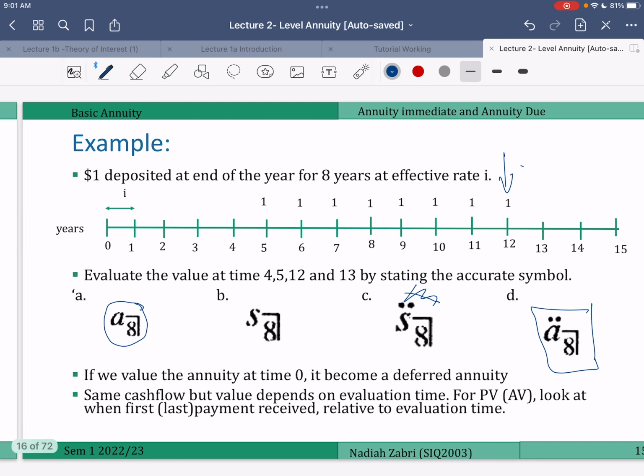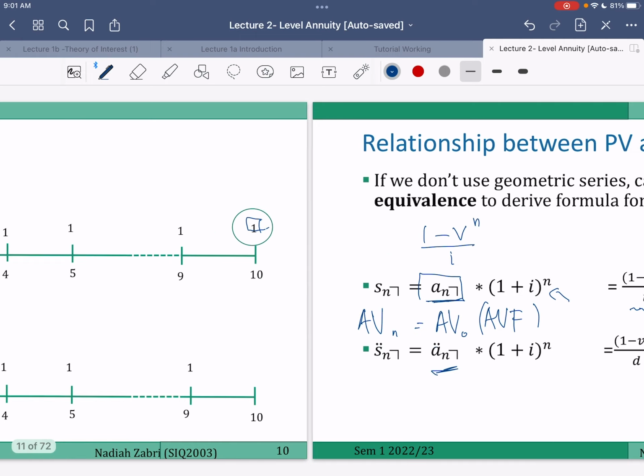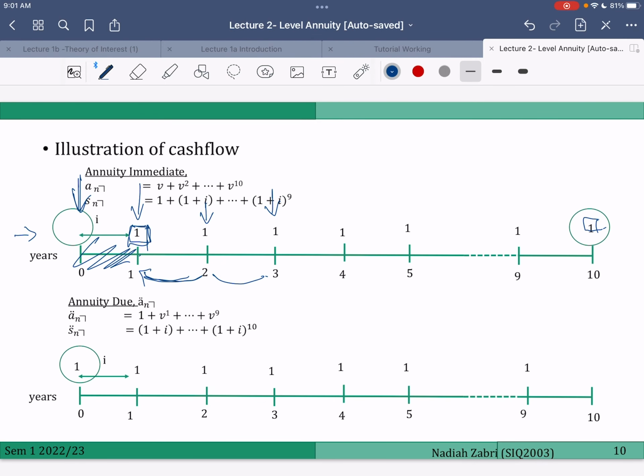Okay, if you see our illustration just now, when we evaluate S angle, both evaluate at time n, but for annuity immediate there is a payment at time n, but for annuity due there is no payment at time n, because the last payment is paid 1 year before that. So when there's payment at time n, we are going to use S angle n.